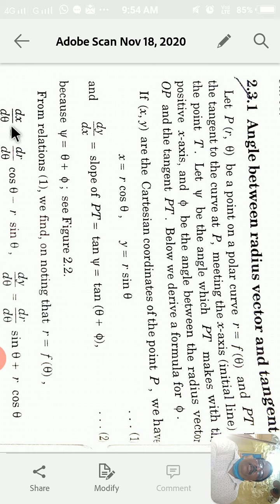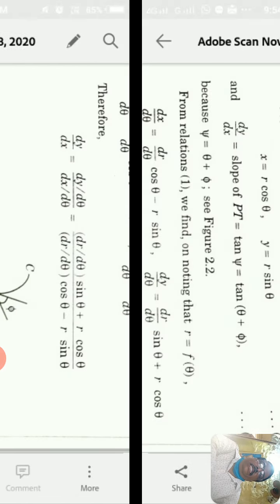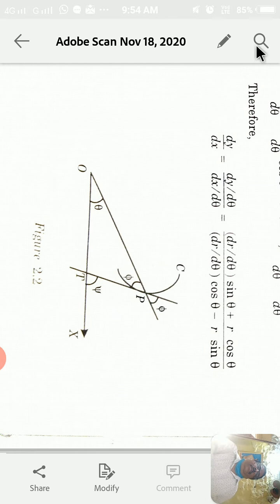Now we find dy by dx, which is dy by d theta divided by dx by d theta. Substituting these, we obtain this equation.